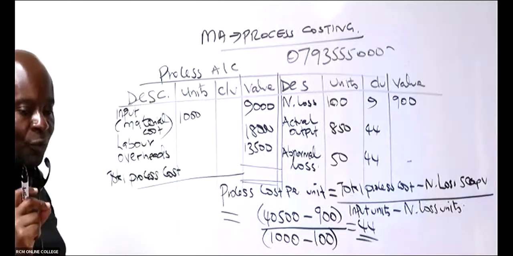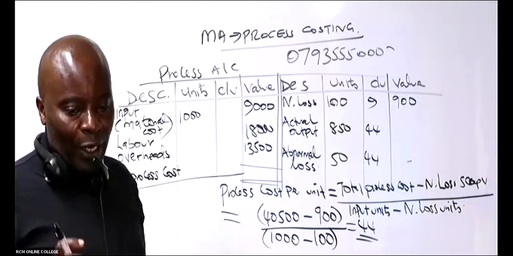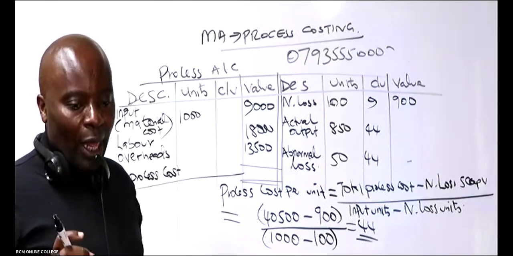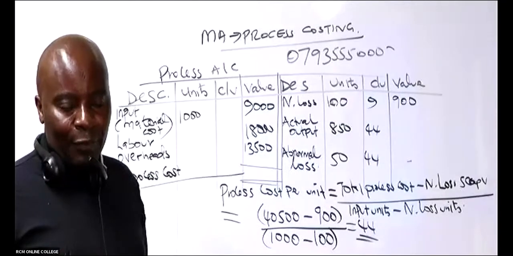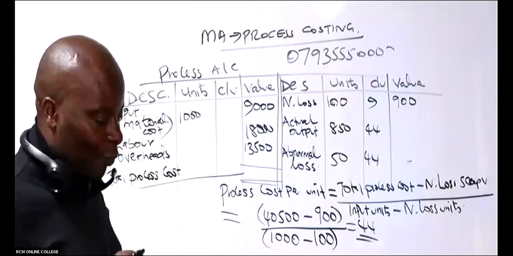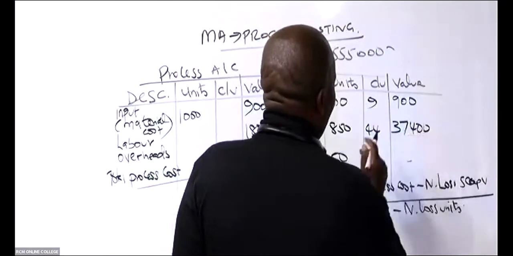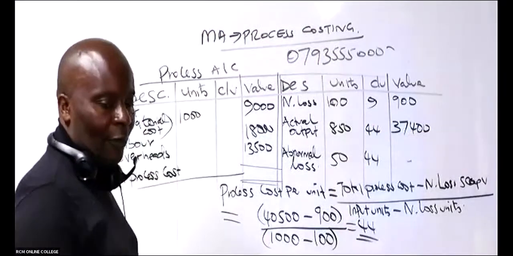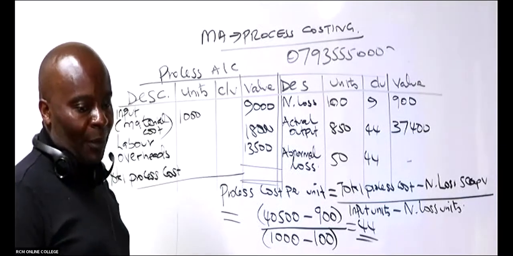So what will be the total value of actual output? 850 times 44, 37,400, and then 50 times 44. Because remember, this is per unit.